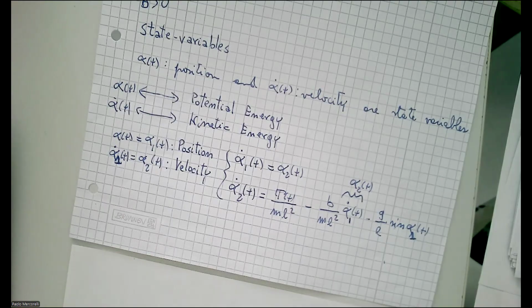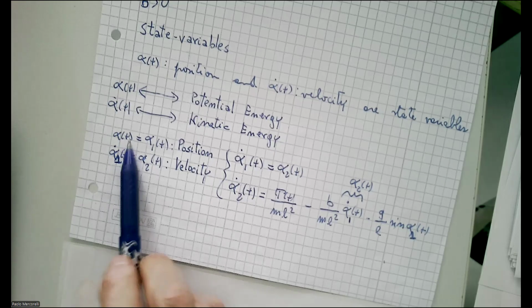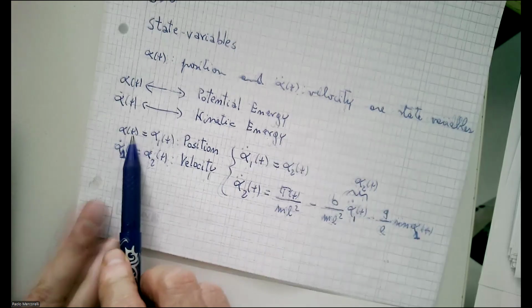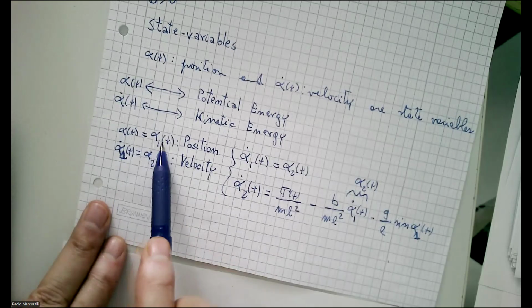Look now at the version of the model in terms of variation of state variables, the control form. Look, alpha, our state variable, equals alpha 1.